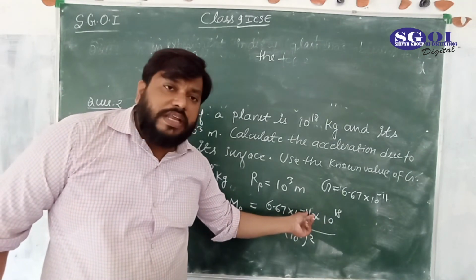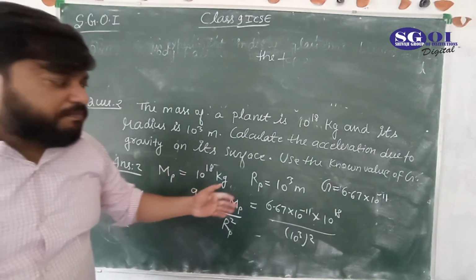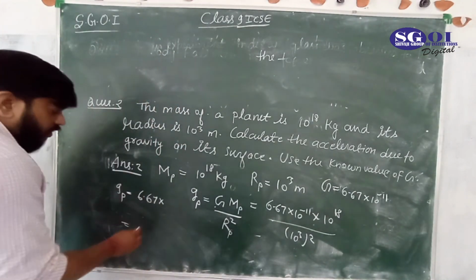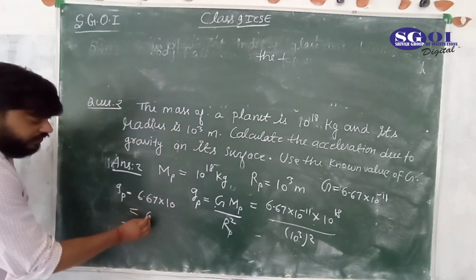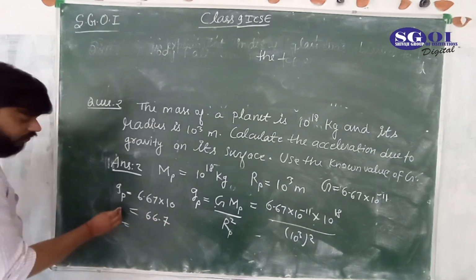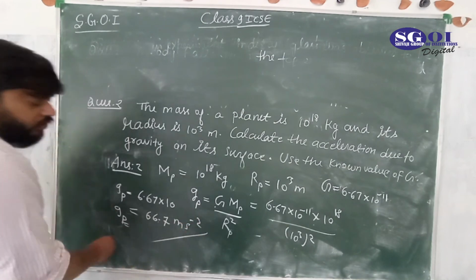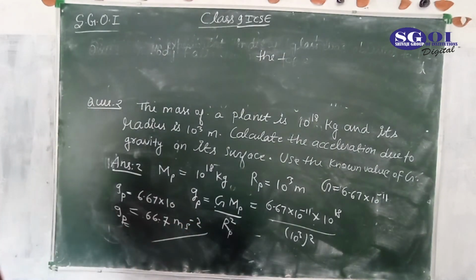Minus 6 and minus 11 is minus 17, and with 10 to the power 18, it is 10. So it would be 66.7. gP is 66.7 meter per second squared. So this is our final answer, 66.7.